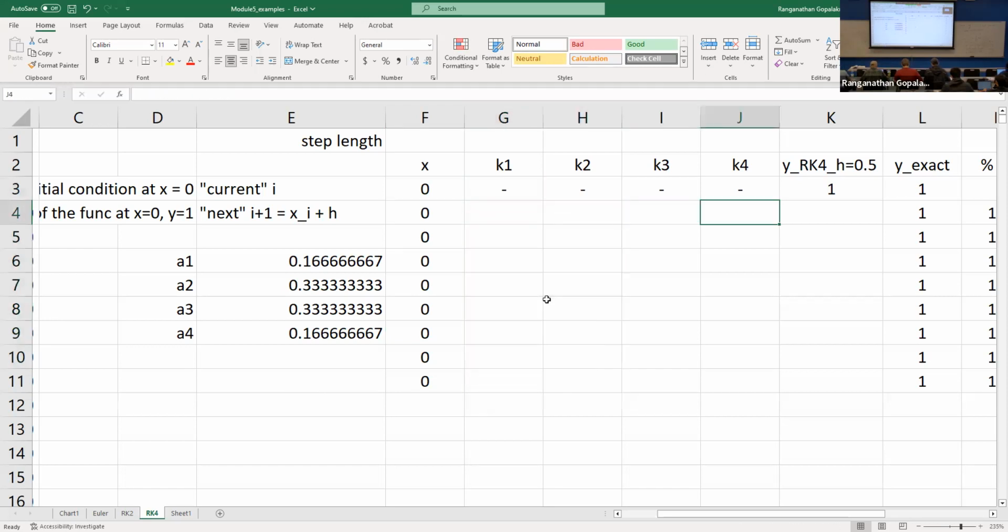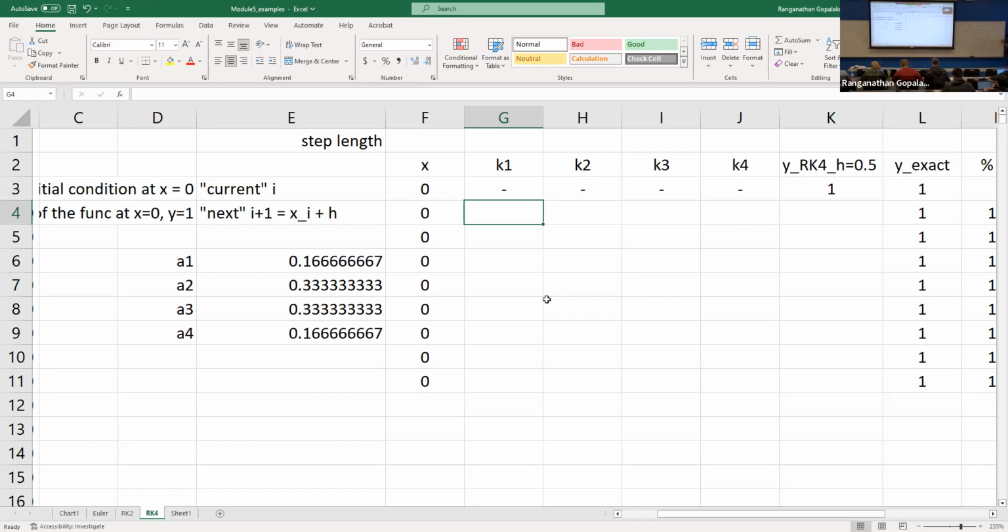So if you are here, we want to punch in the value of K1, which is the value of the function evaluated at point I. Let's try that first. To visualize this process, here is I, here is I plus 1. Our I point happens to be x equal to 0.